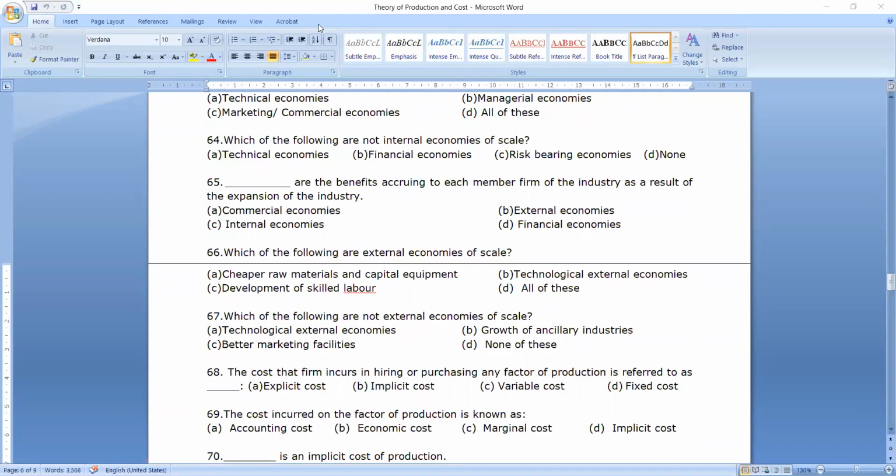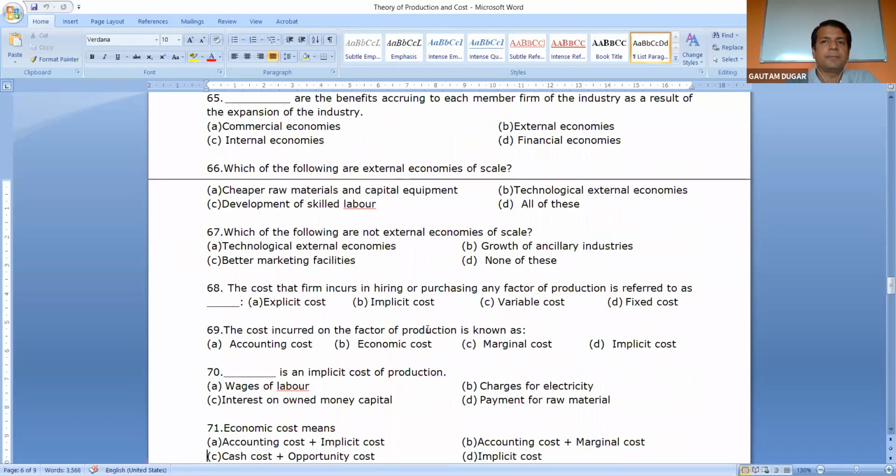Which of the following are not external economies? Anyone? 67. What should be the answer?